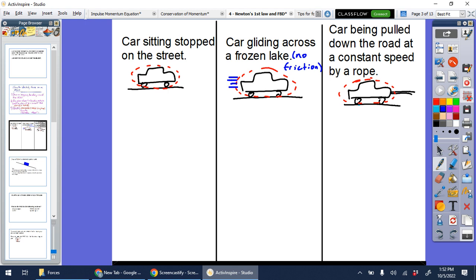Just coasting across there. Yep. And you sort of see, right? There's no friction, because the frozen lake implies ice, no friction. And then I sort of drew motion lines on there, right? So you see it's definitely moving to the right.